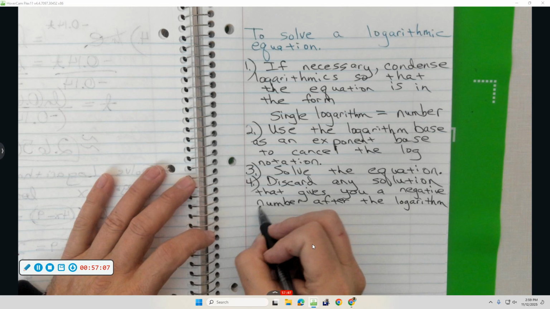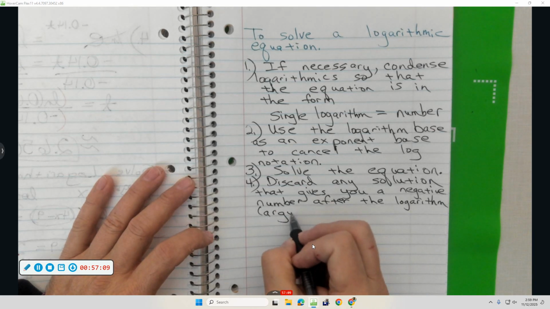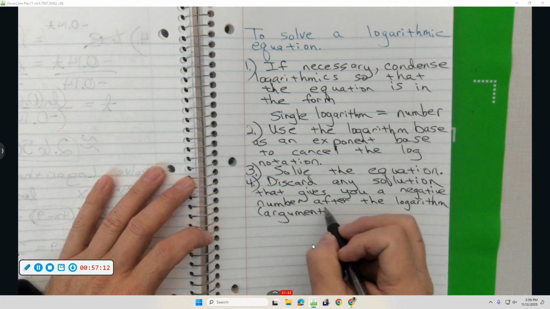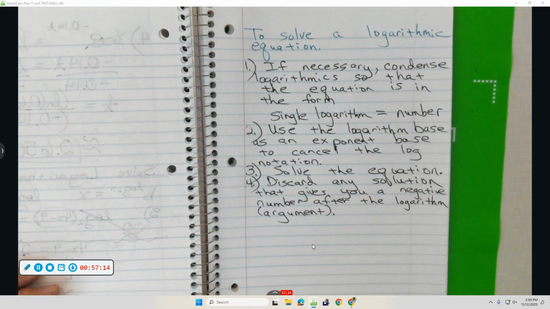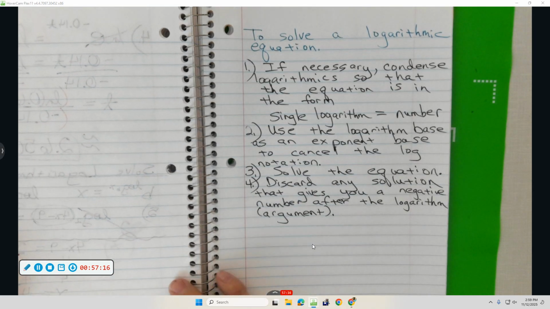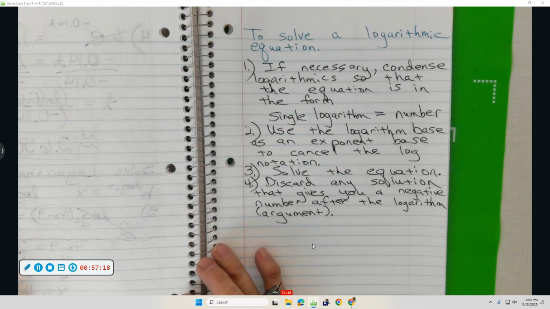So in parentheses I'll put argument. Argument is what you call that number after the logarithm. It's not new terminology. We've been using it for a week.